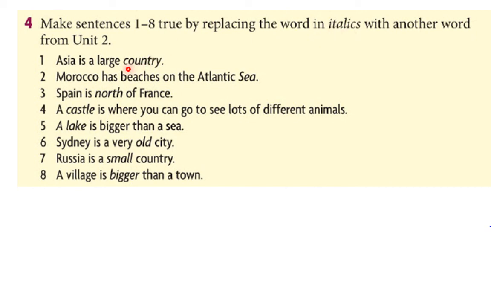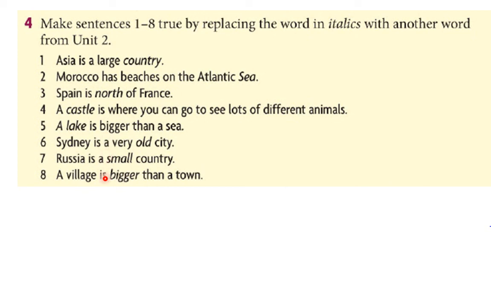It is written like this. It is called italic style. We can see country, sea, north, castle, a lake, old, small, and bigger.